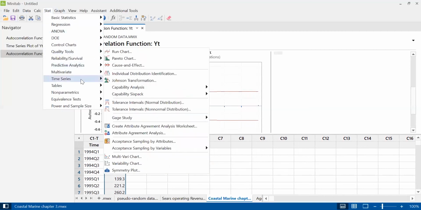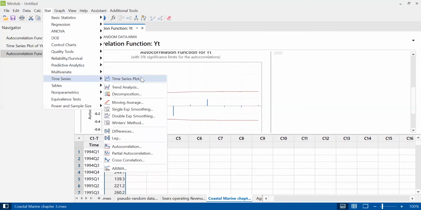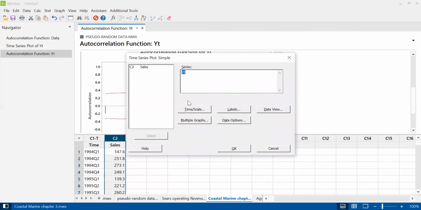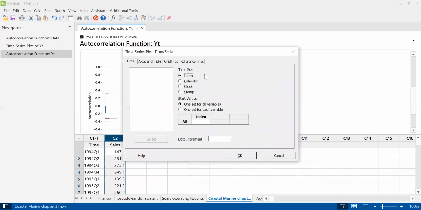So we're going to go to Stat, Time Series, click on Time Series Plot, and we'll pick Simple. The series will be sales, and we want to click on Time/Scale, okay? Once you click on it, you will see this pop-up window.